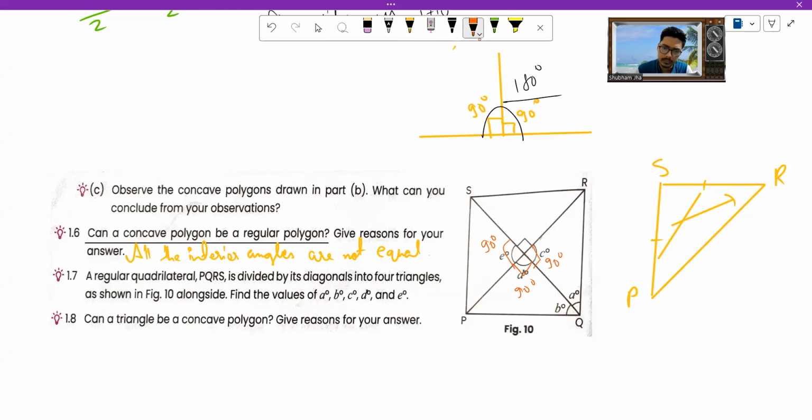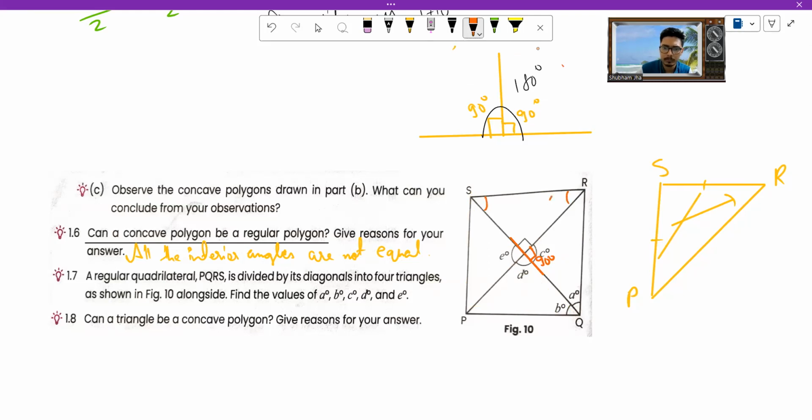Now, if this is my 90 degrees, why? Because this is a straight line. This angle is 90 degrees, this angle is also 90 degrees, and we already know that this side will be equal to this side.